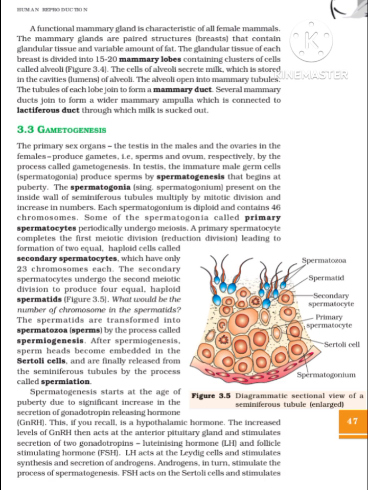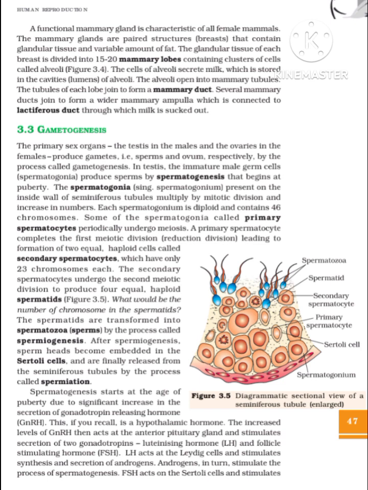The cells of alveoli secrete milk, which is stored in the cavities, lumens, of alveoli. The alveoli open into mammary tubules. The tubules of each lobe join to form a mammary duct. Several mammary ducts join to form a wider mammary ampulla which is connected to lactiferous duct through which milk is sucked out.